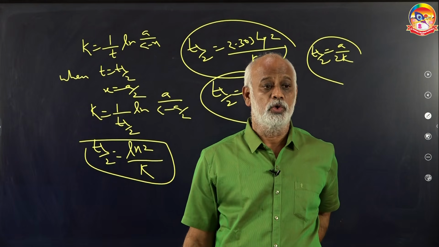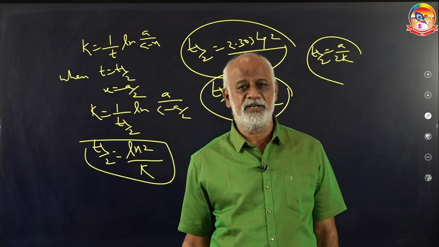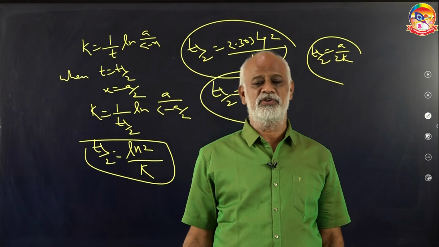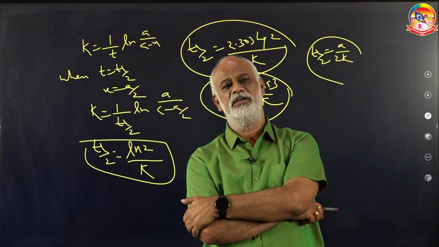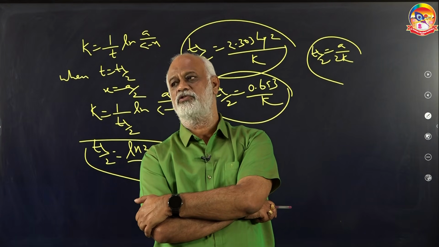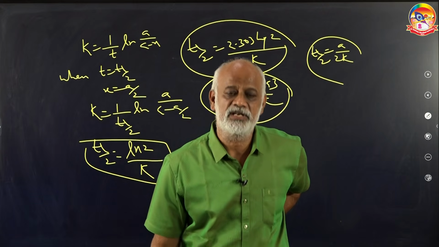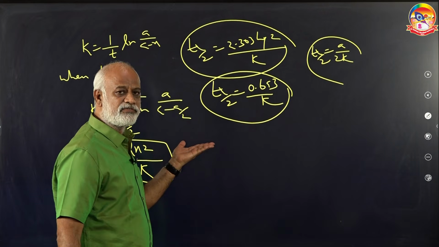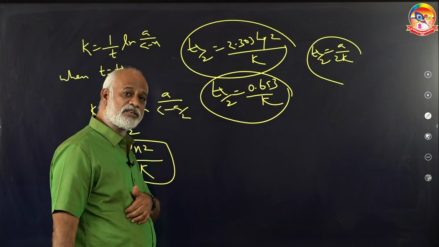Then you can say, 100 to 50, 50 to 25, and 25 to 12.5. The time taken for each of these steps is 10 minutes, 10 minutes, 10 minutes. Oh, this is a first order reaction, because the half-life of the reaction is always independent of initial concentration.